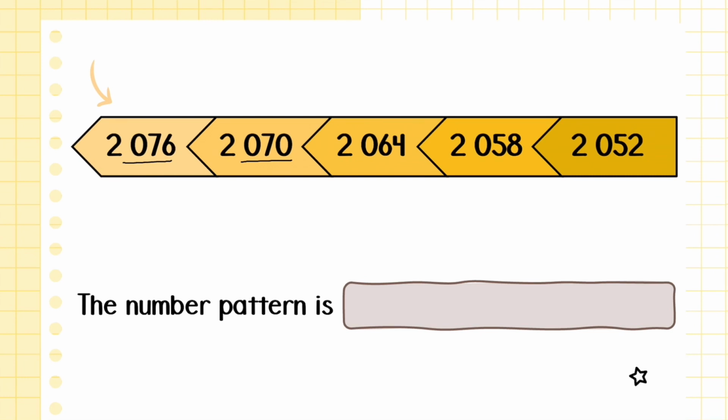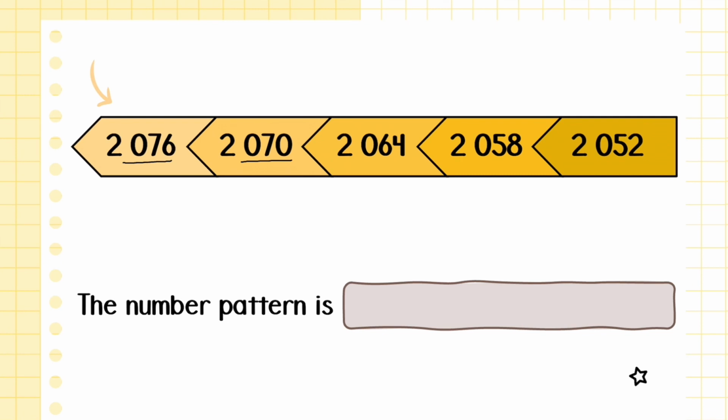So you can see that the number is going down. It moved backwards because 76, 75, 74, 73, 72, 71 and 70. So you're counting backwards. So this number is arranged in descending order. That means this number is arranged from big number to small number.